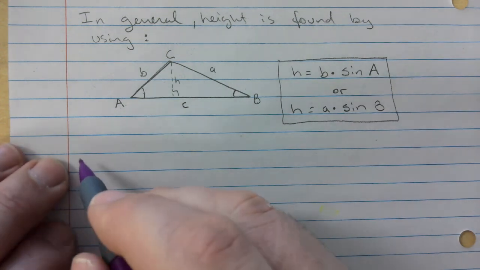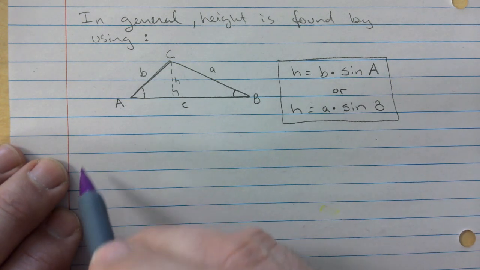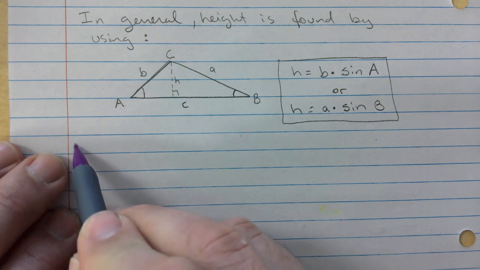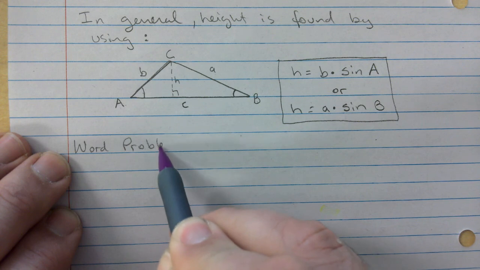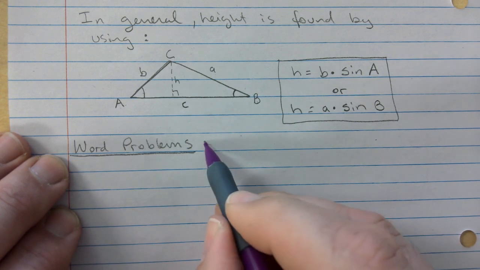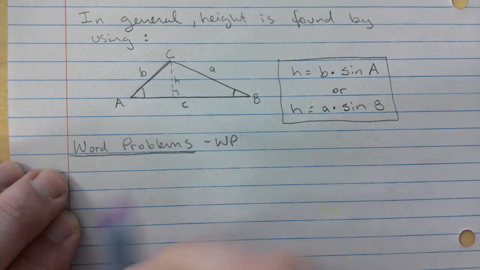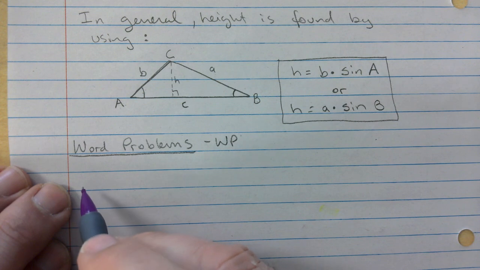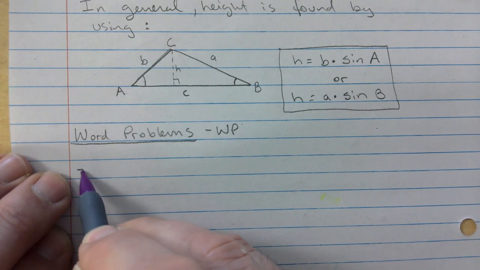All right. Now we're going to enter word problems here. If you ever see WP, that's word problems, okay? That's what I label my worksheets sometimes. And this is what I want you to do, right?